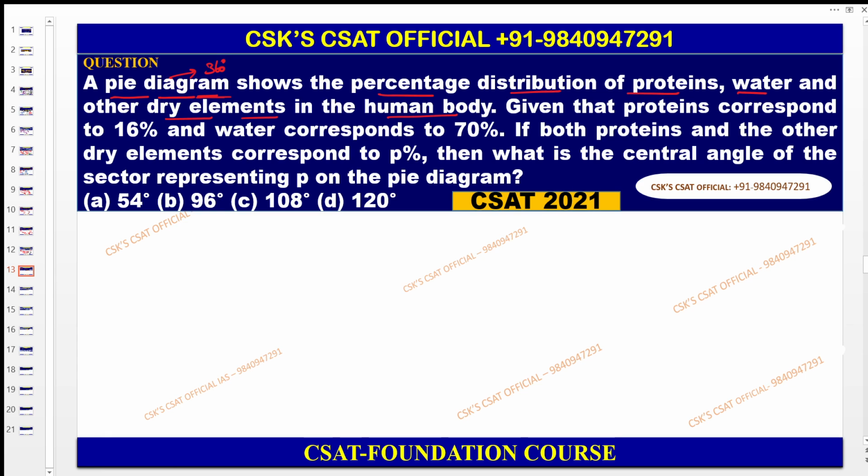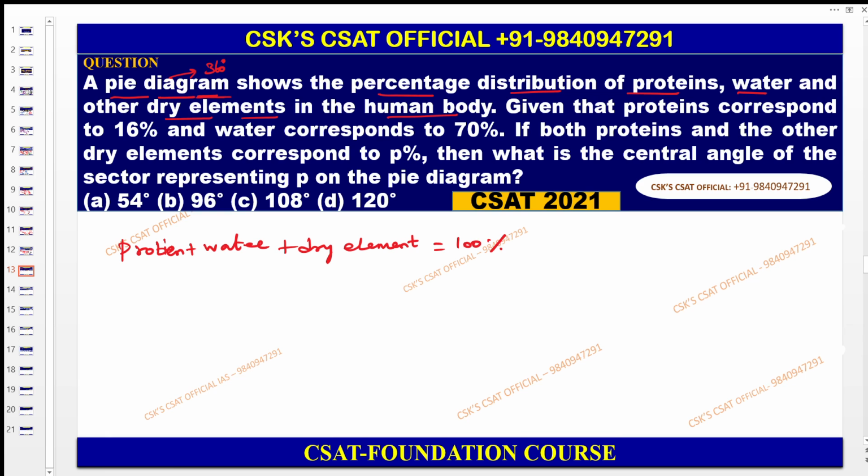So only three are there: protein, water, and dry element, according to this question, which is equal to 100%.